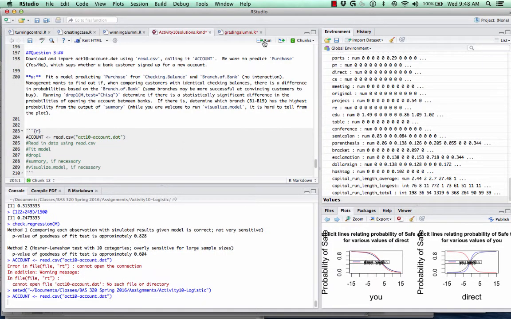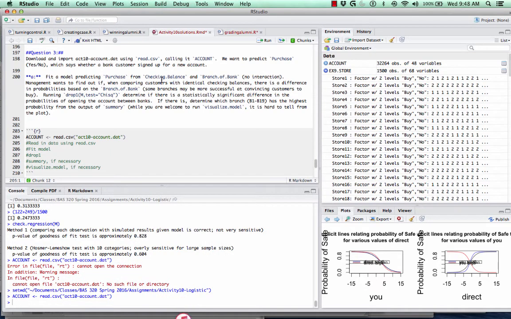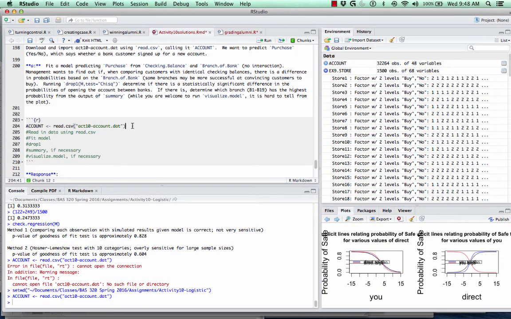And now we can read this in. And this data frame is information about customers. We're trying to predict whether or not a customer will make a purchase for this new particular type of bank account based on their checking balance and branch of bank here. So what we're going to do is fit a model that predicts purchase from checking balance and branch of bank.